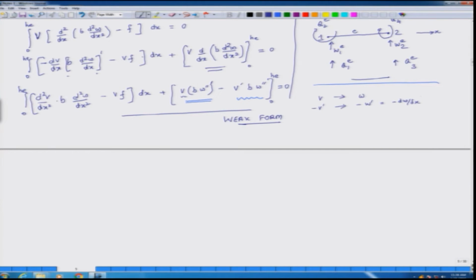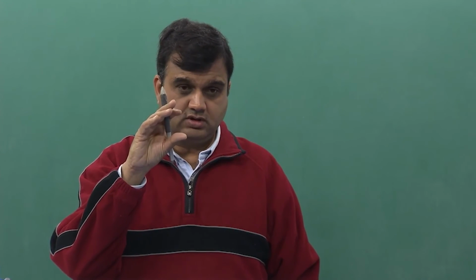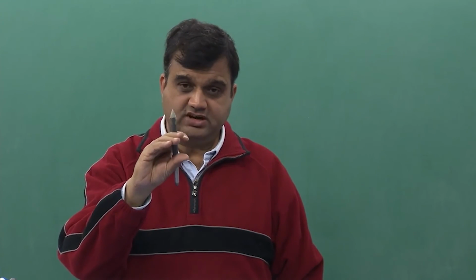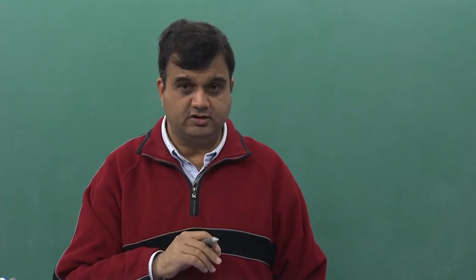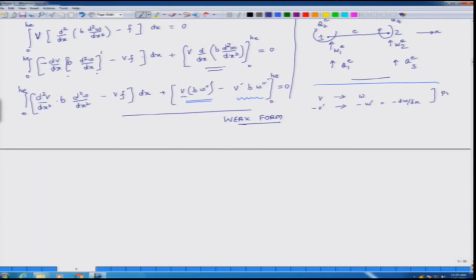Because we discussed in one of the earlier classes that whatever the nature of the weight function is, if we replace that weight function by the unknown, then that will be a primary variable. So, these are my PVs, primary variables.